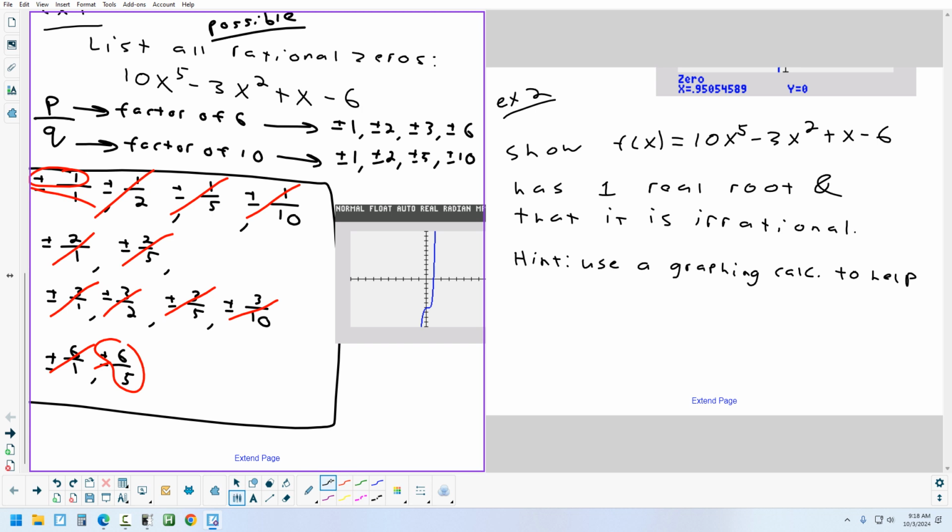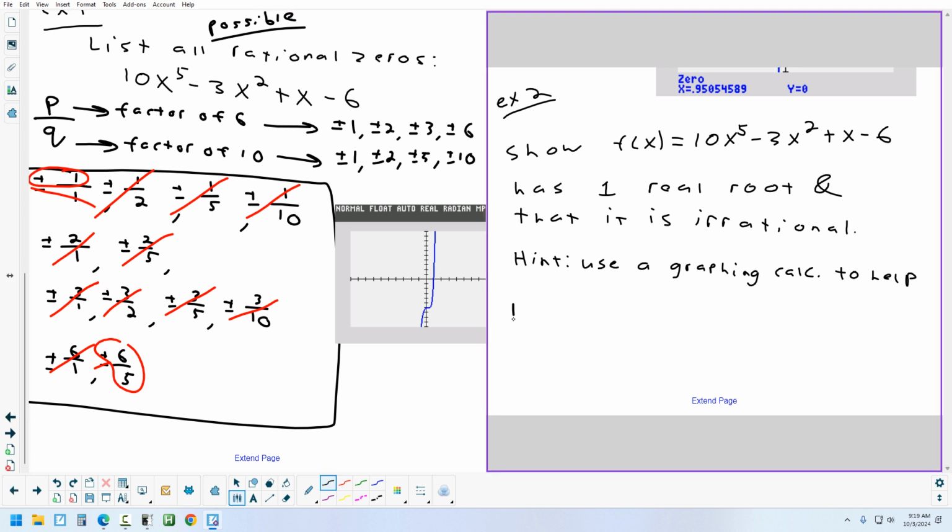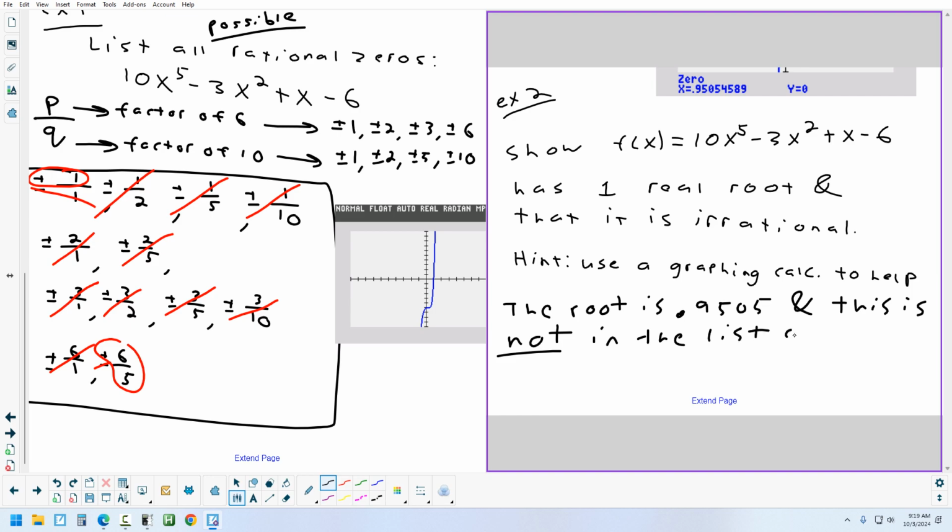Okay, so let's just write down the root is 0.9505, and it keeps going. And this is not in the list of possible rational roots.